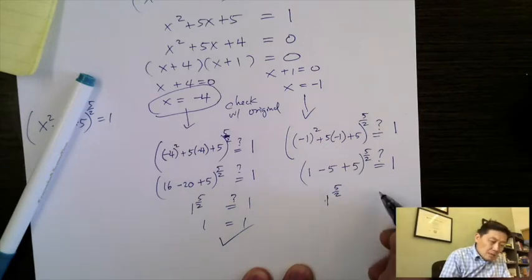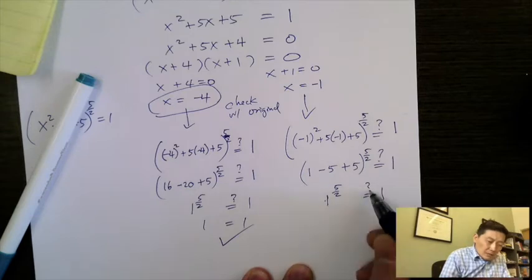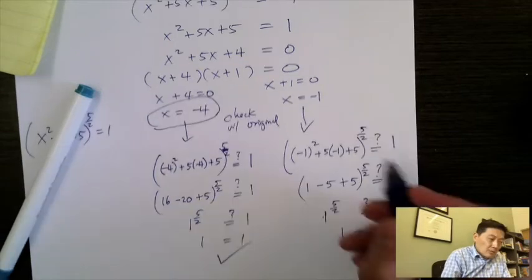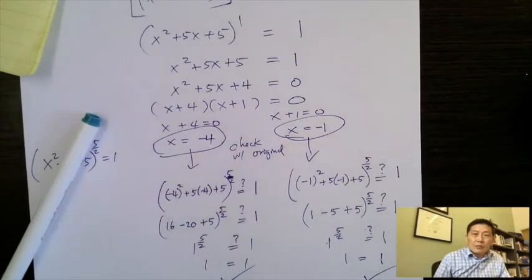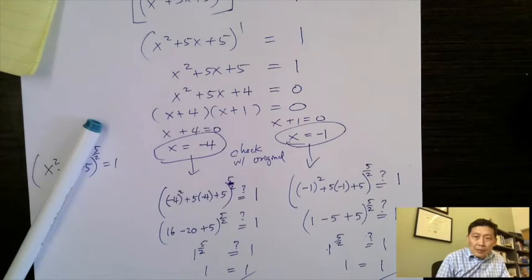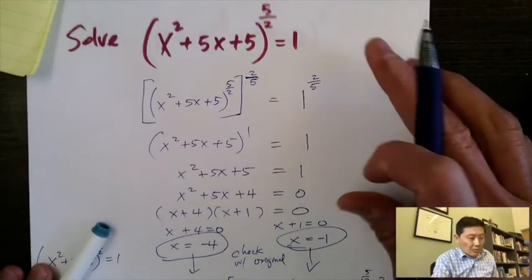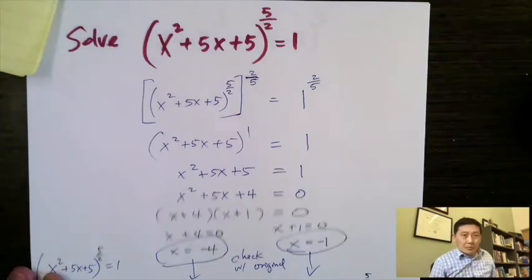And indeed, 1 is equal to 1. So that also checked out. So it turns out we have two answers, and they both apply to this original equation. So there you have it. Two answers.